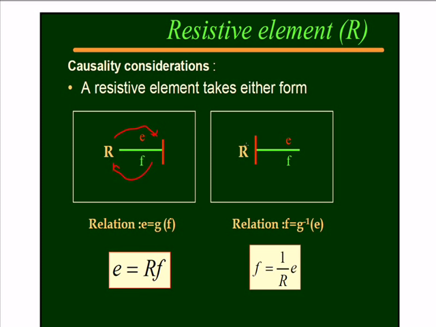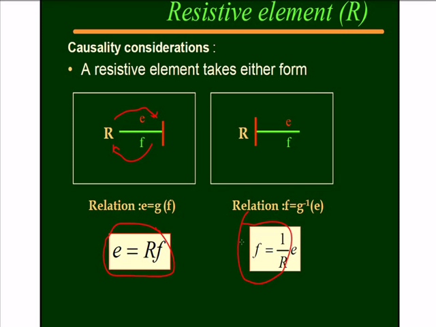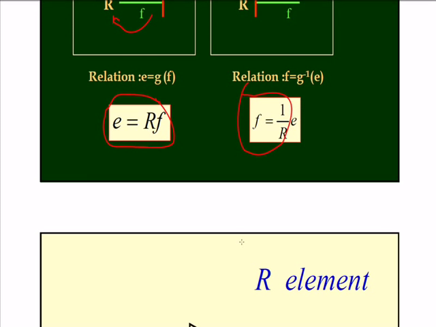I'm not going to do the arrows again over here, so I don't confuse the issue. The point in this whole slide is that if you have it this way, this becomes the equation of this element that is connected. If it is this way, then this is the equation. So you see, this causal stroke that we just talked about has a 100% relationship to the equations of the element.